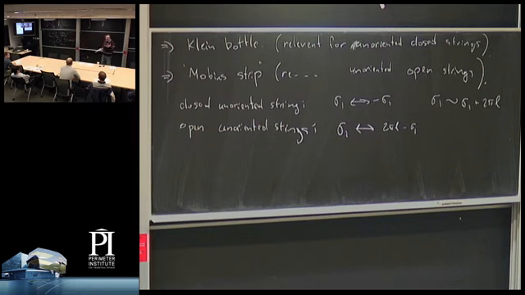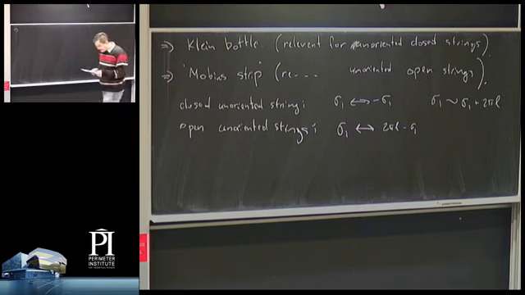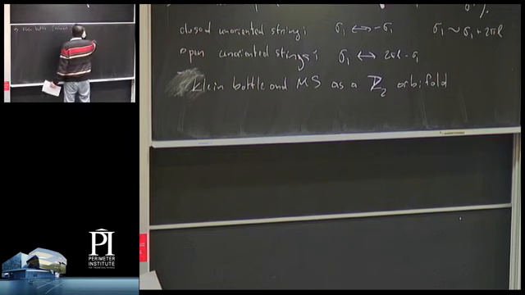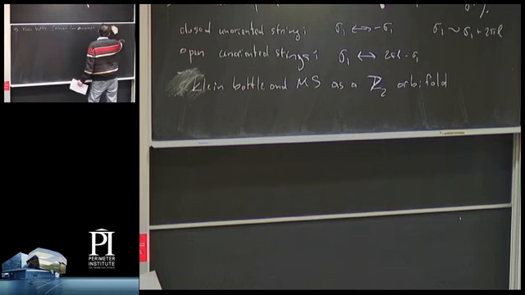The first unoriented surface that will arise in closed string is the Klein bottle. So this unoriented surface arises in closed strings, relevant for unoriented closed strings.